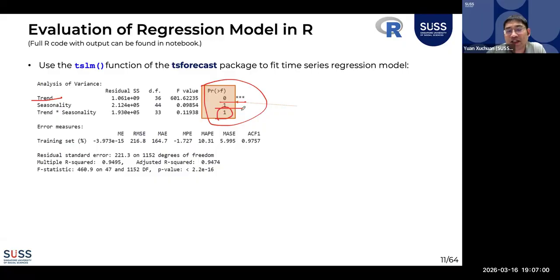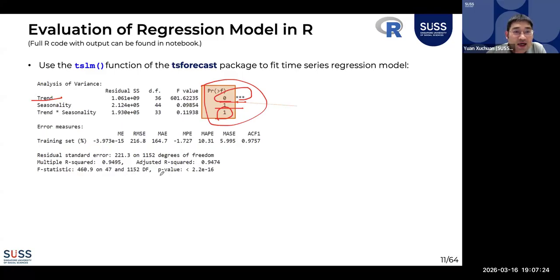If they are not significant, you might consider, for example, in this case, only the trend is significant. So you may only fit a linear regression model in terms of trend. You don't need to consider the seasonal impact in your model.